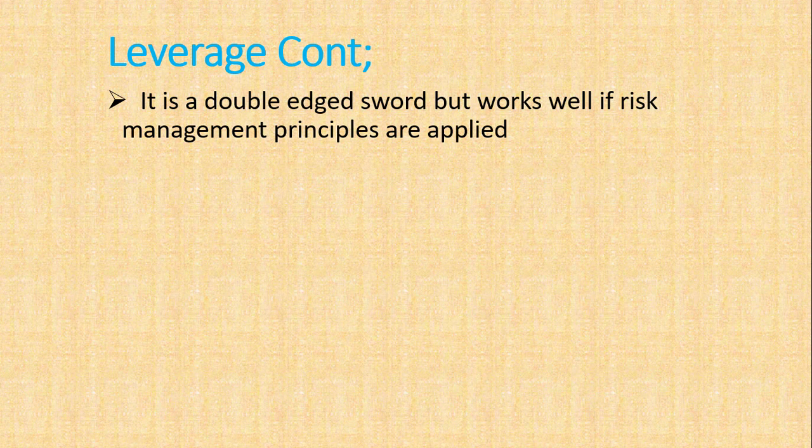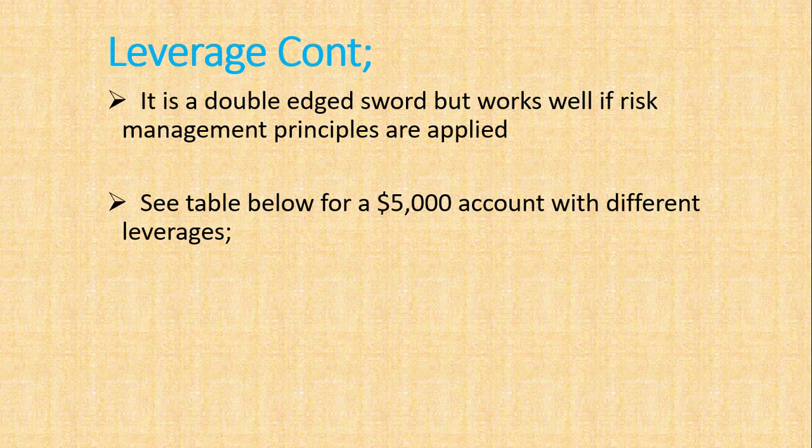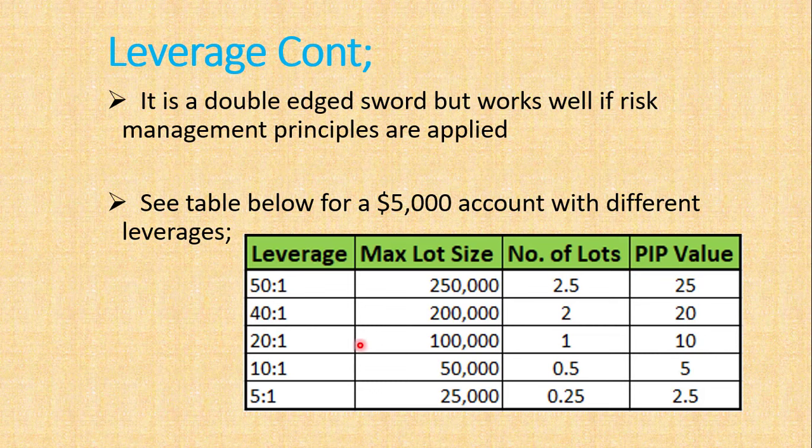Let's look at an example whereby somebody has an account of $5,000 and they select different leverages as offered by their broker. You could say, I want a multiplier of 50, or a multiplier of 40, or maybe 5. If you pick 50, it means you're multiplying the amount of money you have 50 times, giving you 250,000 as the maximum position size, which is equivalent to 2.5 lots.